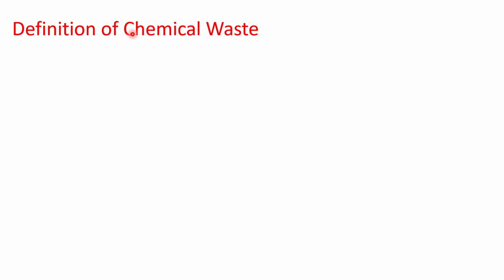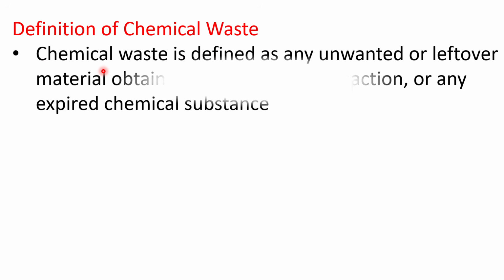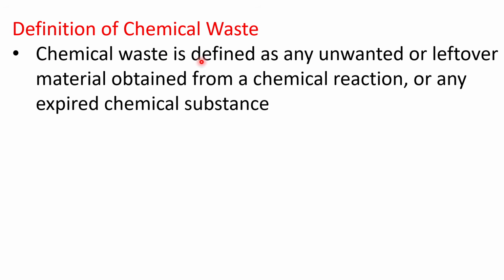Definition. We are going to define the term chemical waste as any unwanted or leftover material which is obtained from a chemical reaction or any expired chemical substance. That's an all-encompassing definition of chemical waste.